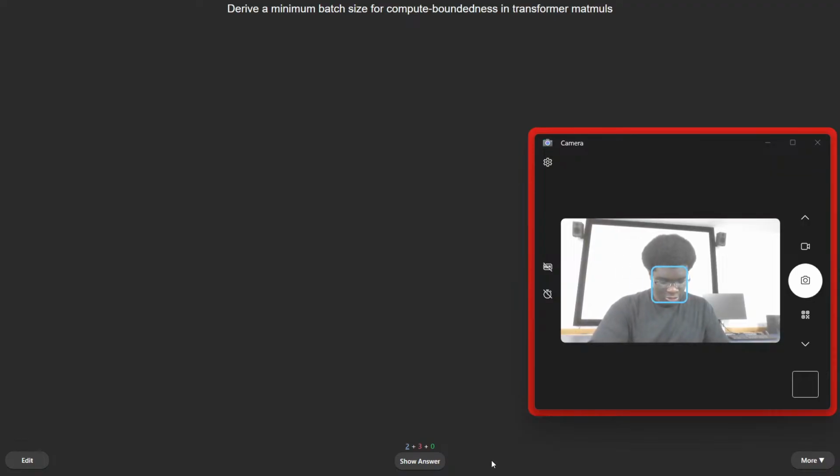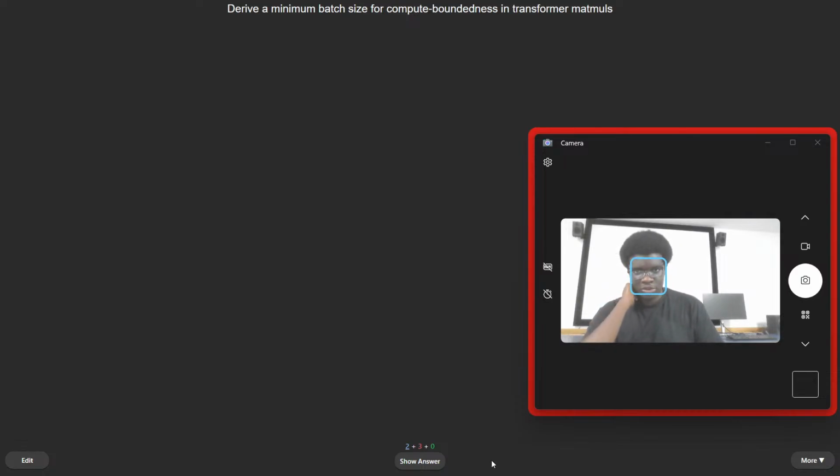Now neglecting small terms, BDF is much greater than BF, so this is roughly equal to 2BDF over 2DF, and we cancel the DFs. So the arithmetic intensity is roughly equal to the batch size, which makes sense, I remember that from yesterday.